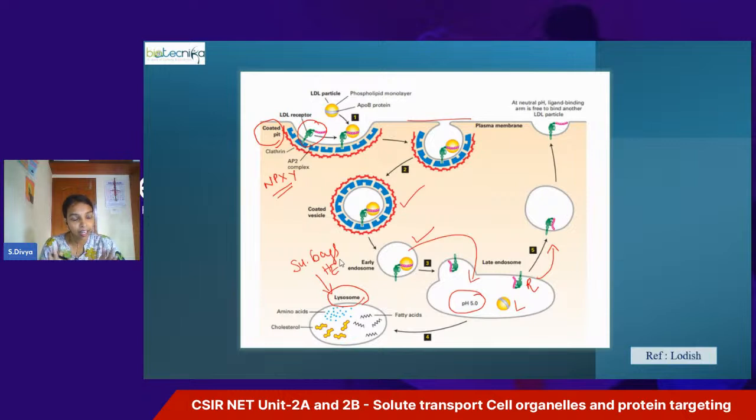Okay. And one more question over here from this image only, meanwhile. How are this clathrin and adapter proteins formed? How are the clathrin and adapter proteins constructed?